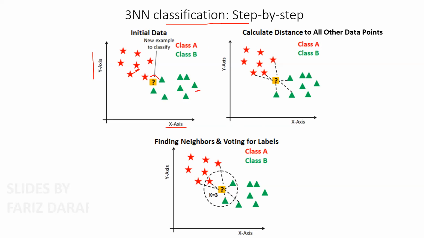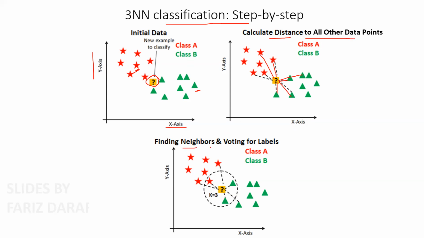And we have this new example to classify. So you must first calculate distances to all other data points, from this new example to here, here, here, and so on.